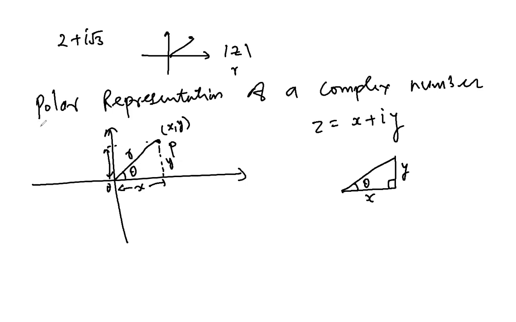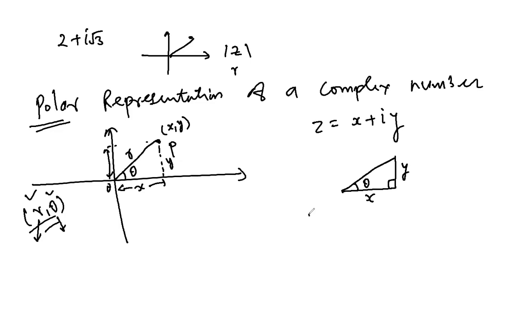Polar representation means you denote the complex number in terms of theta and r. Just like in the Cartesian coordinate system we represent everything in x and y, in polar representation we represent everything in terms of r and theta. r is the radial distance and theta is the polar angle for any point in the polar plane.